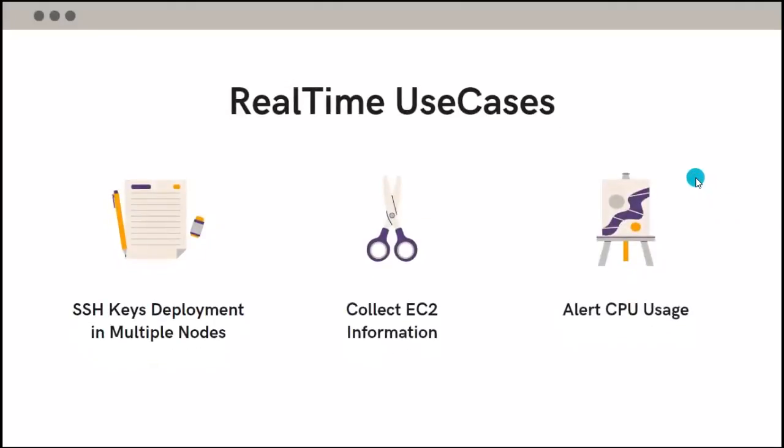And using Ansible, if I have multiple nodes, clients, right, how to deploy SSH keys. And if I have an AWS cloud with multiple EC2 instances, how to collect the EC2 information using Ansible, and how to alert on CPU usage. If CPU usage goes high, or on particular monitoring parameters, then I need to get the alert.